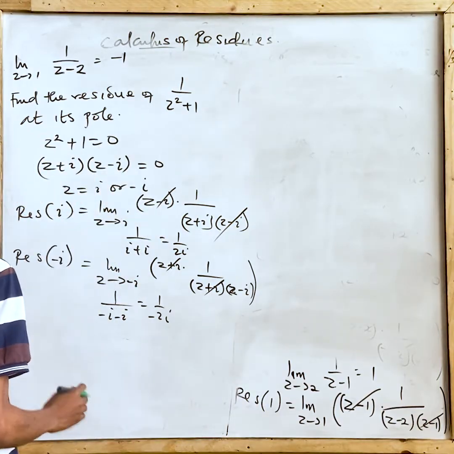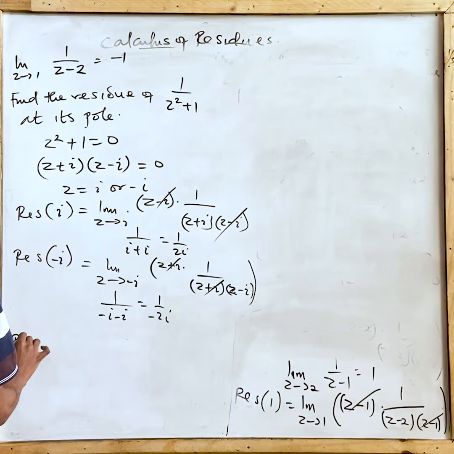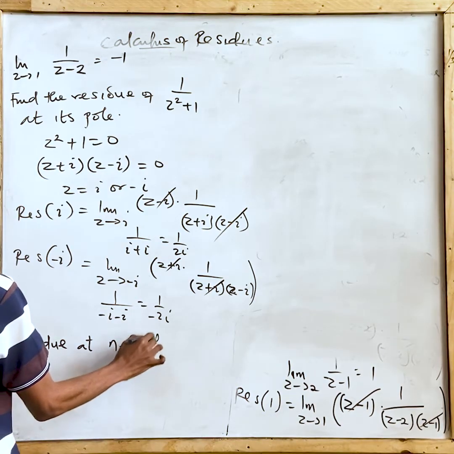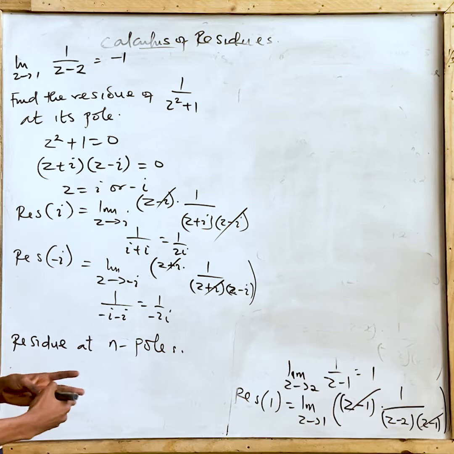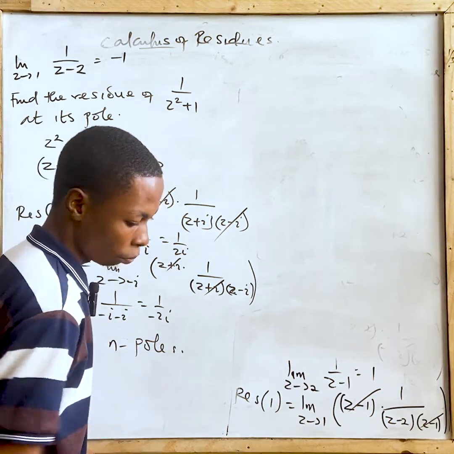Now, another case of residue is the residue at n poles. That is when we have a pole of second order, pole of third order, pole of whatever order.